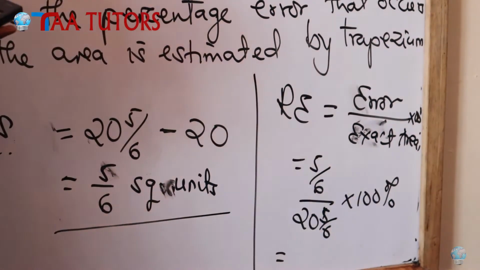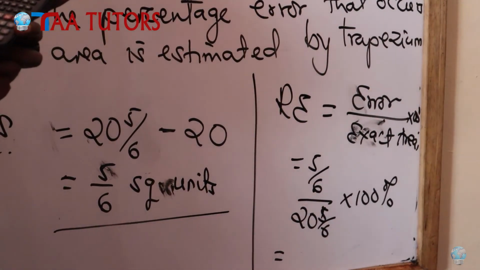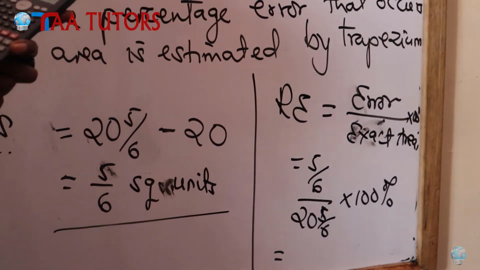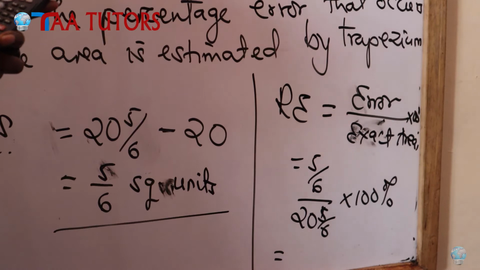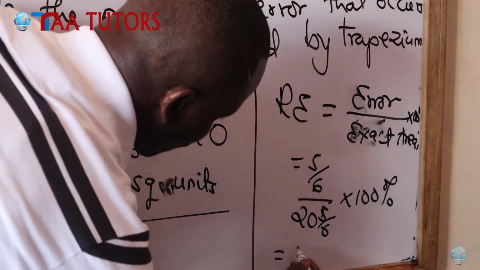So if we have 5 over 6 divided by that, times 100%, what I get is 4%.